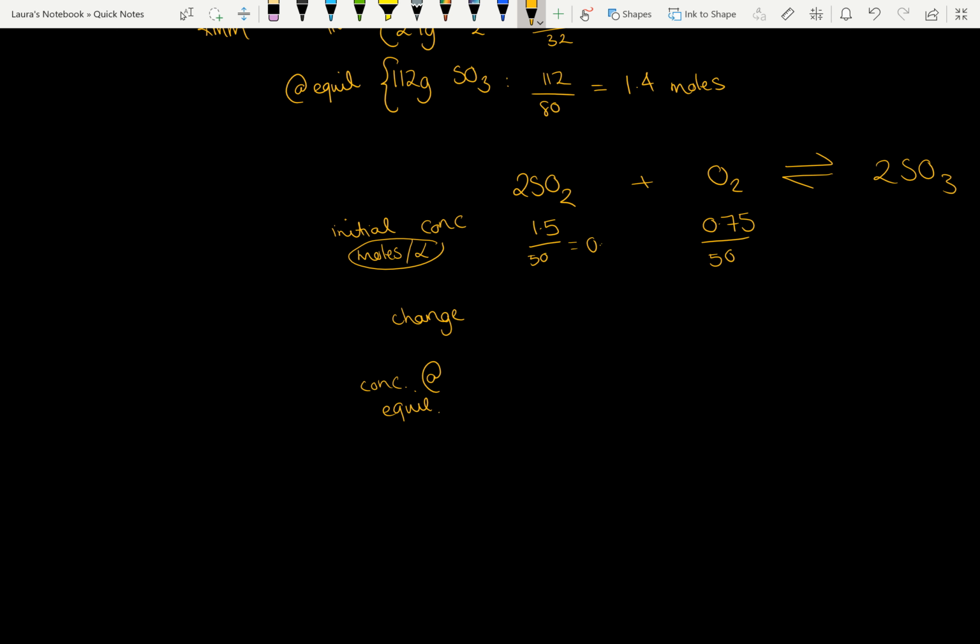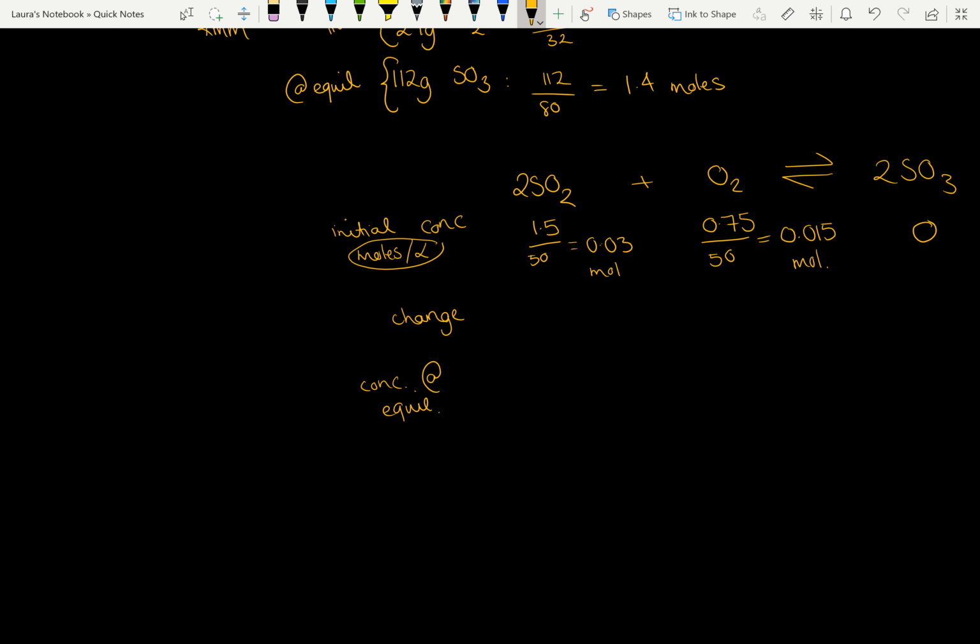That gives me 0.03 moles of the SO2 and 0.015 moles of the O2. Those are my starting concentrations of my reactants.